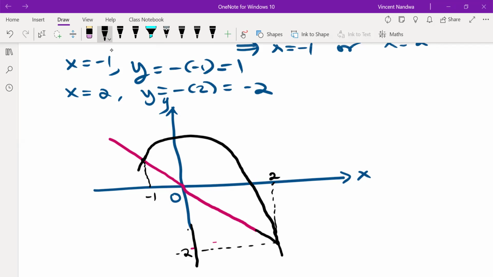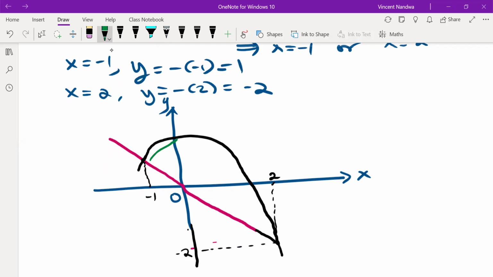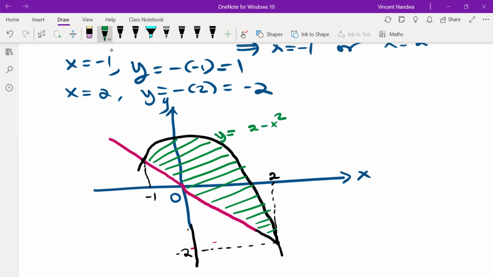This is still 2. So the interest is to find this shaded area. So this is the curve y equals 2 minus x squared. This is y equals -x.